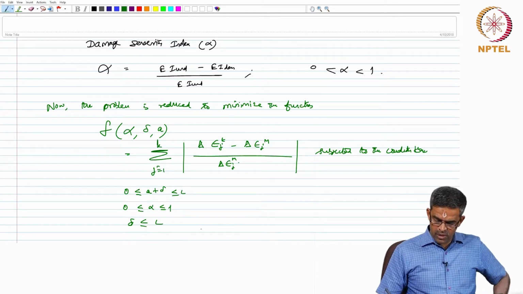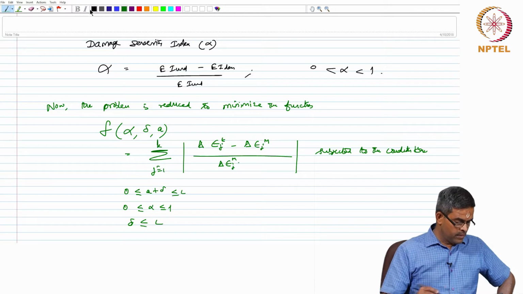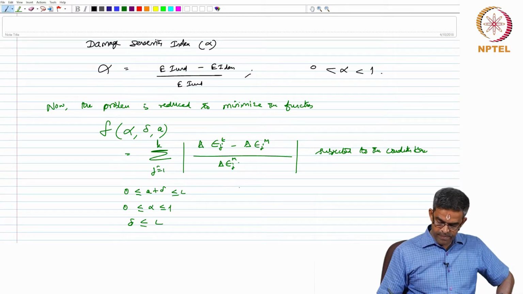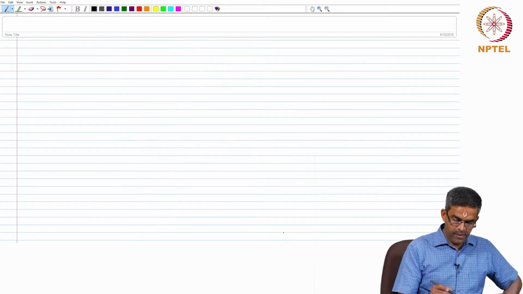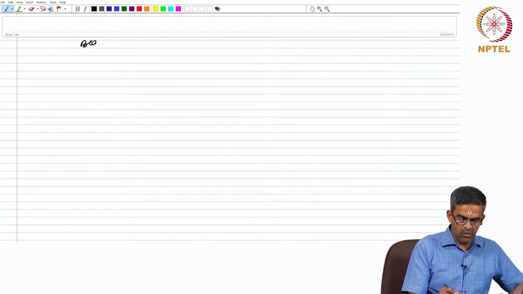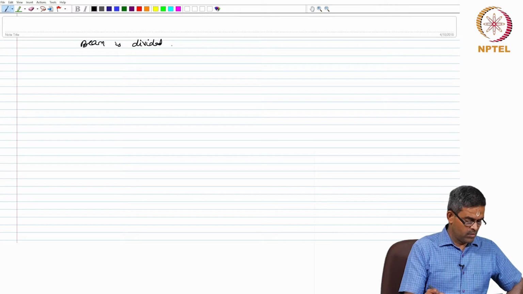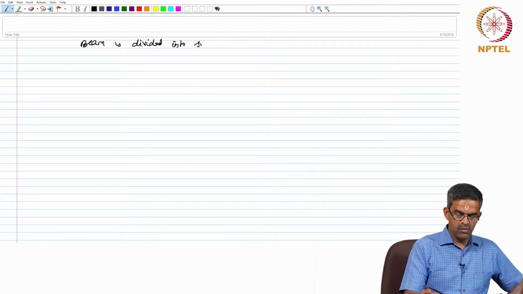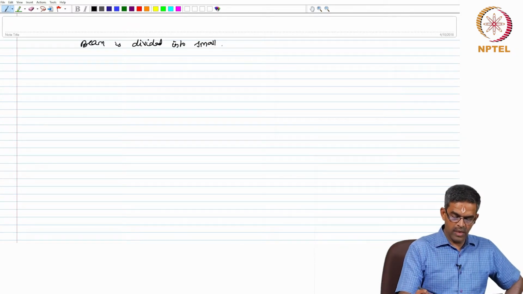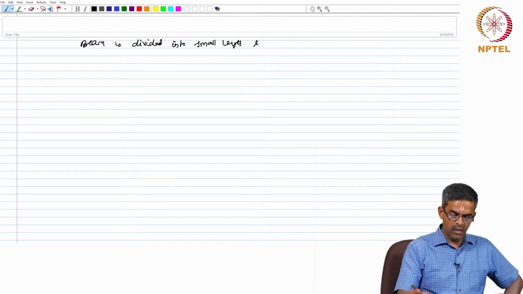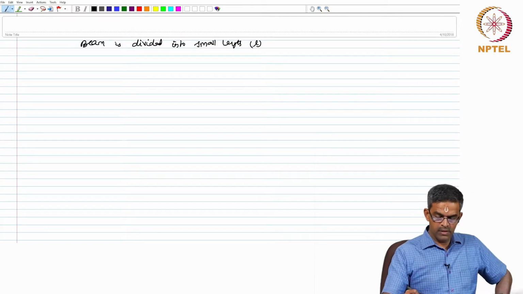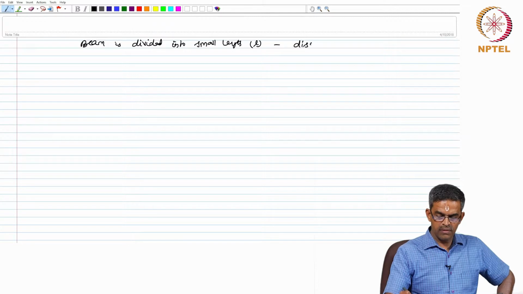So, to execute this, the beam is divided into small lengths. This is discretization.